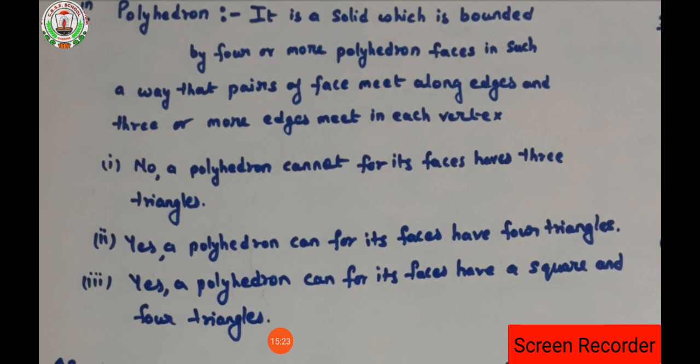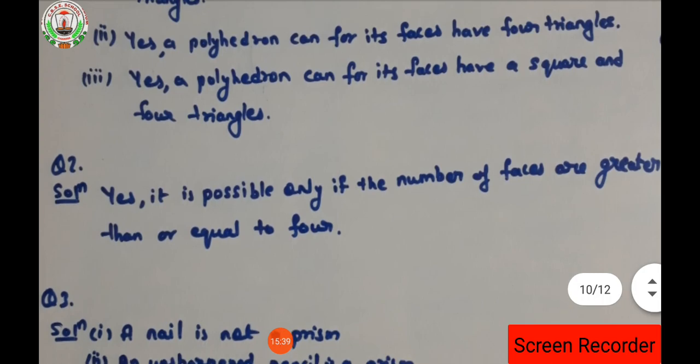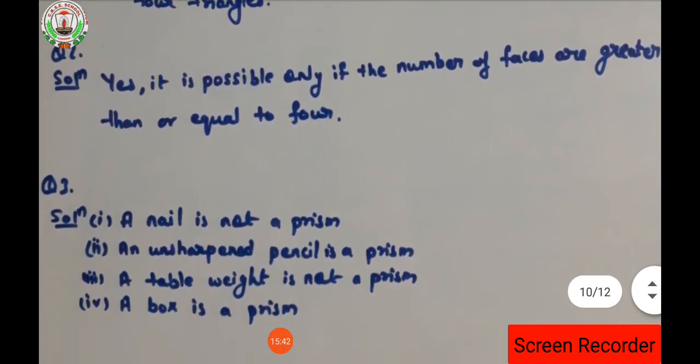And for a square as well as 4 triangles, that also can be considered as a polyhedron. That means yes, a polyhedron can have for its faces a square and 4 triangles. Clear everyone? You have to say yes or no for that. Before saying yes or no, you have to know what a polyhedron is.